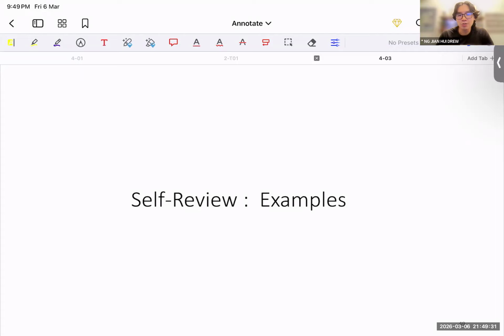For the CFA you need to know the formulas, but for this module you do not really need to know the formulas because you can just use Excel, and Excel gives you all the other stuff, right?